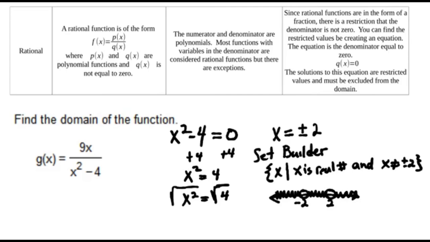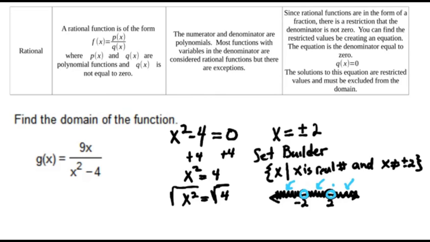So this is a representation of all real numbers except for -2 and +2. And in interval notation, we want to represent each of these intervals. And remember that -2 and +2 are not included in the set, so we have to break up the interval at those values.